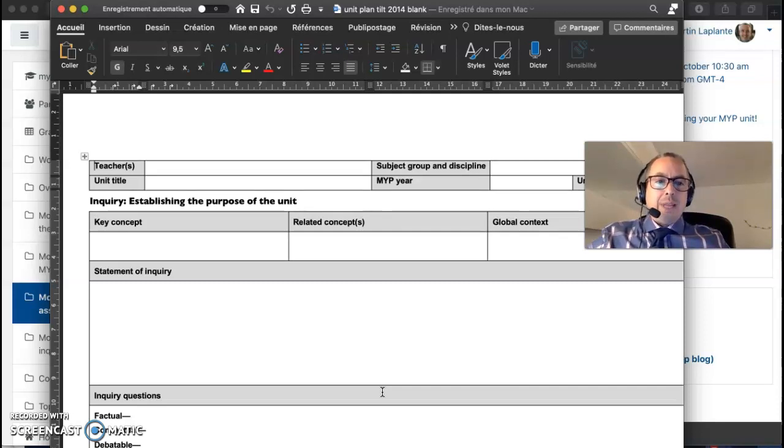So in order to plan all of these aspects well, the unit planner helps us consider all of them. Also, when we show these documents to the visitors, they can assess if the teachers are really taking the IB philosophy into account. So that's why we do it.